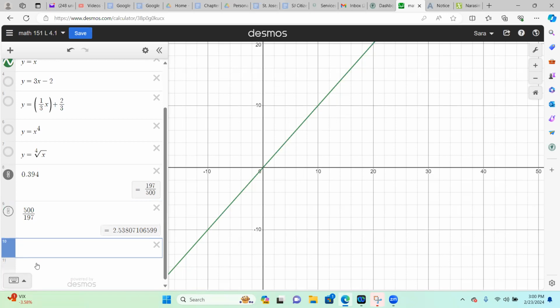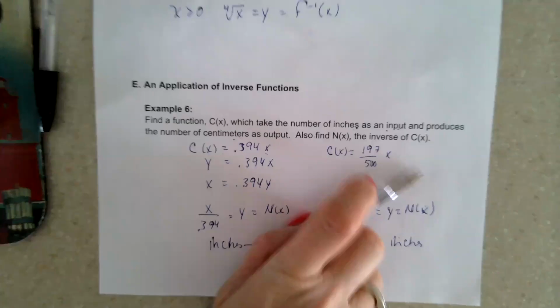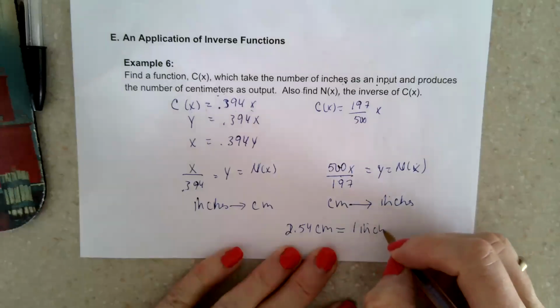So 2.54, if you do 1 divided by 2.54, that's how you would get that 0.394. So 2.54 centimeters is equal to 1 inch.